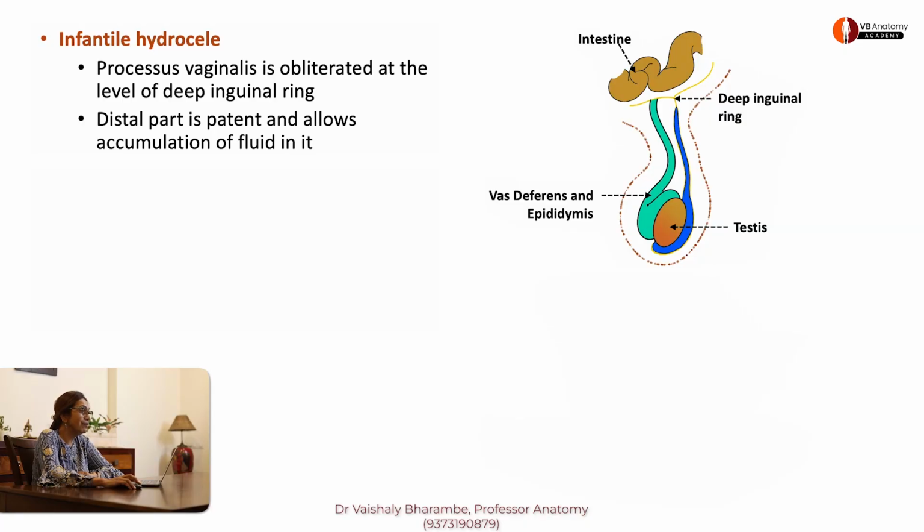Now let's talk about infantile hydrocele. What has happened? There is obliteration, but the obliteration is only at the deep inguinal ring. Rest of it is completely unobliterated. So fluid gets collected, and the extent of that hydrocele is to the superficial ring, through the inguinal canal till the deep ring. But at the deep ring, there is a closure.